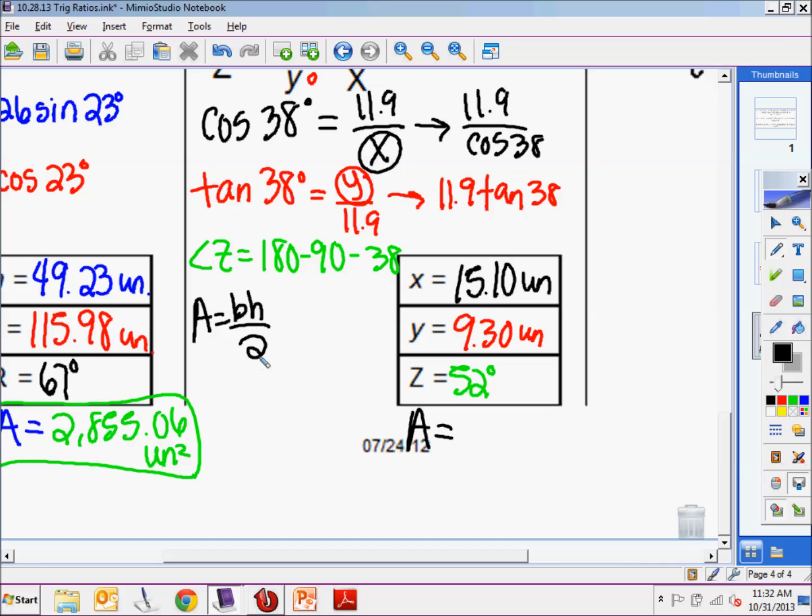Remember, you need to only use the sides that are perpendicular to one another.